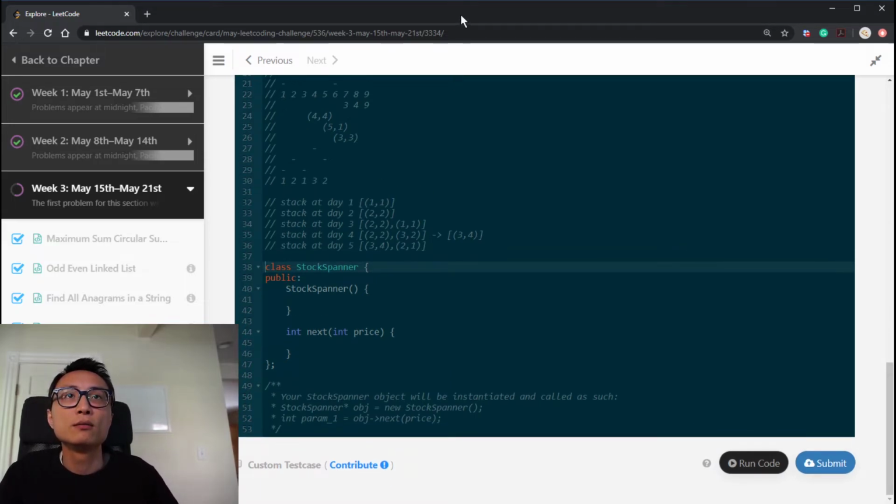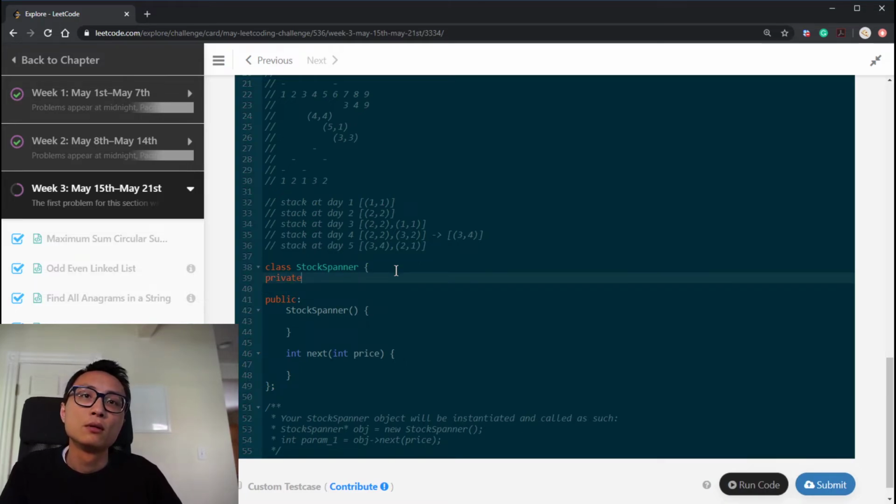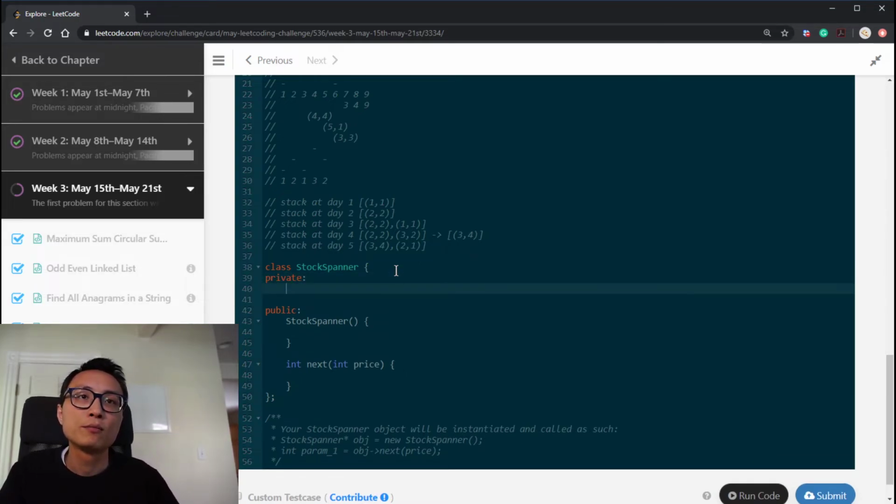Yeah, so let's just code this thing up. Just for this context, let me call this the spanner, which is a vector. It will store pairs of integer to integer.